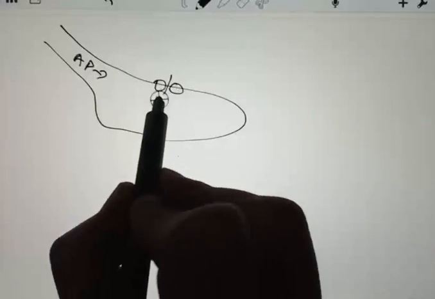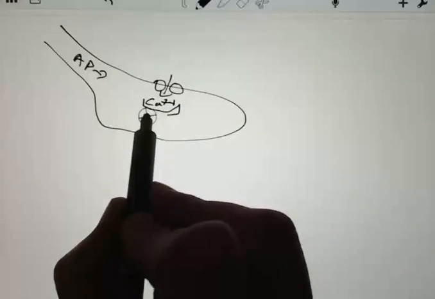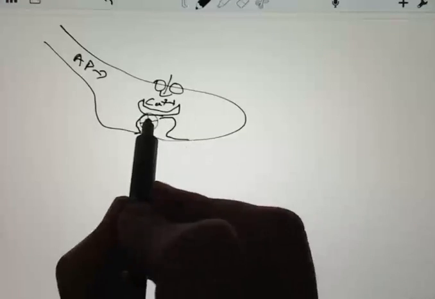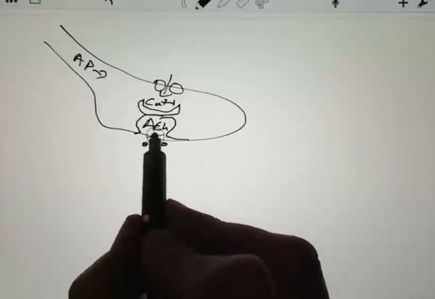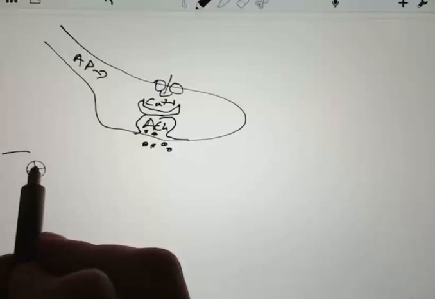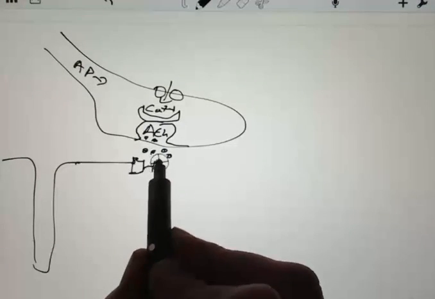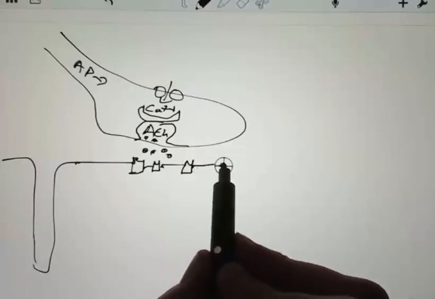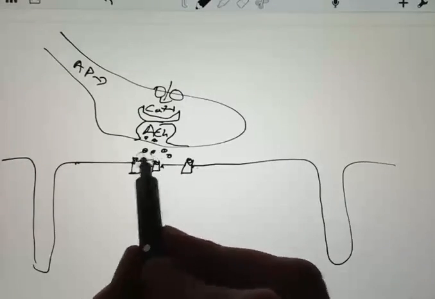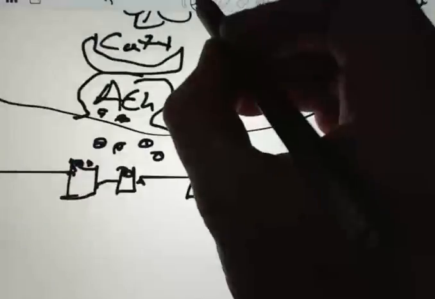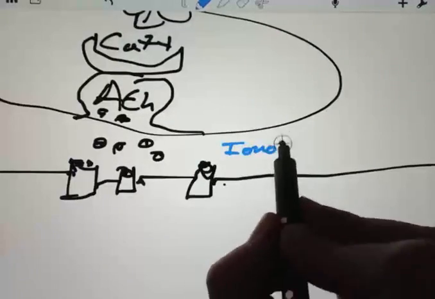In skeletal muscle, each cell is regulated by synapses with neurons. So here's a synapse with acetylcholine, a neurotransmitter. And those skeletal muscle cells have receptors for acetylcholine, and the acetylcholine receptor is an ion channel. It's an ionotropic receptor for sodium.